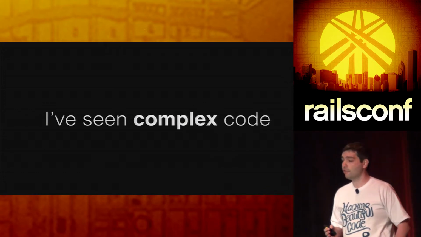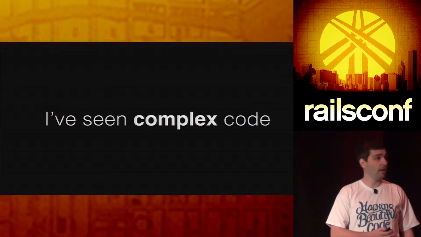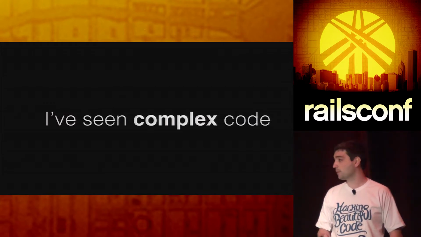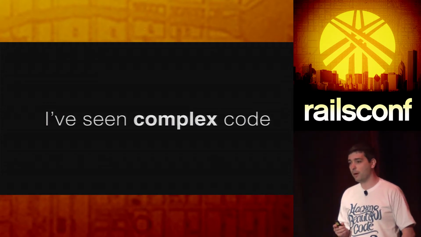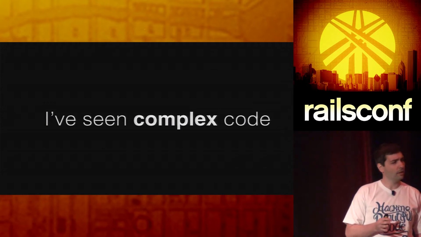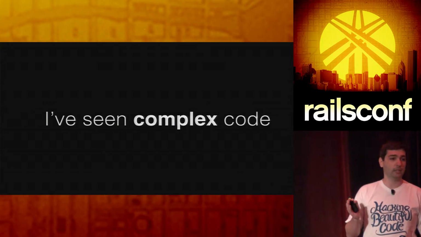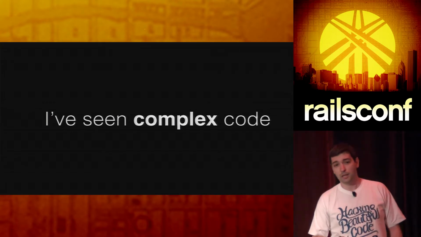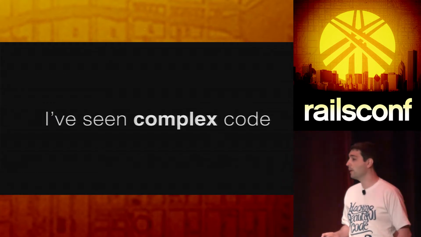Most of them have more complexity than others, but I have seen a lot of different types of complexity. The guys yesterday on the first talk showed a method of around 90 lines of code, I guess. And we have seen controllers with more than 1,000 lines of code. So it's really complex and hard to work with.